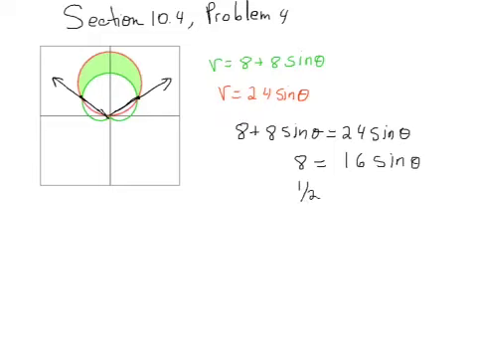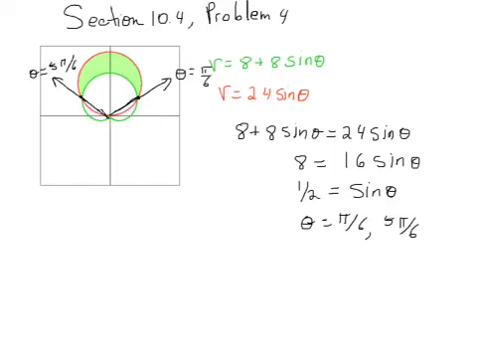And then divide by 16, I get 1/2 equals sine theta. So theta is pi over 6, and then there's another angle in the second quadrant, which is 5 pi over 6. Okay, so this is theta equals pi over 6, and theta equals 5 pi over 6.